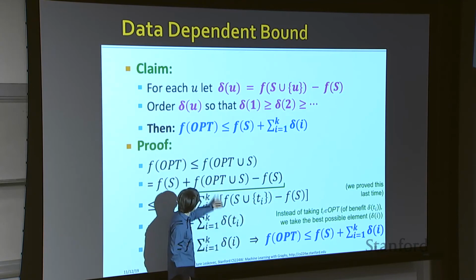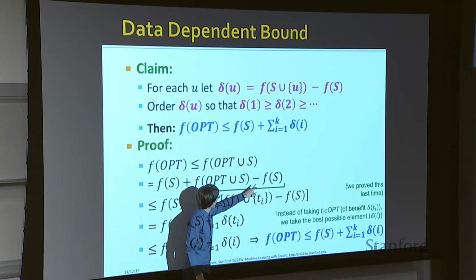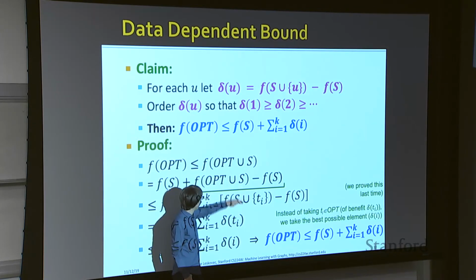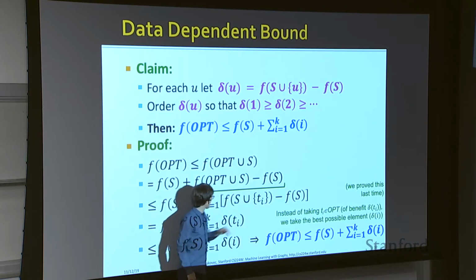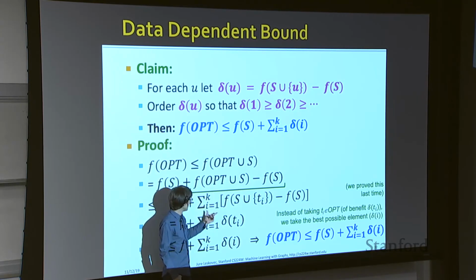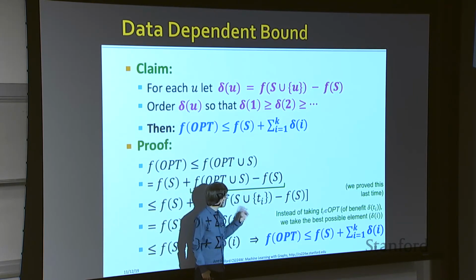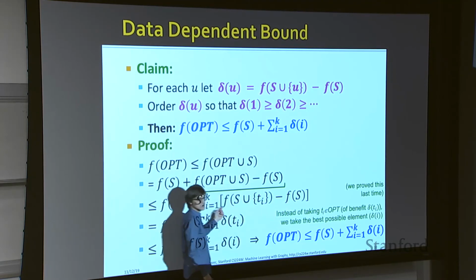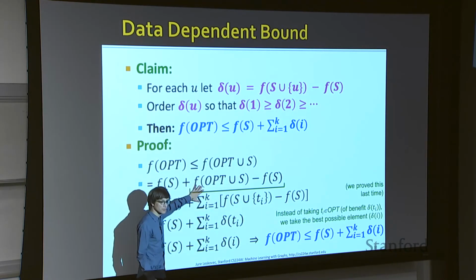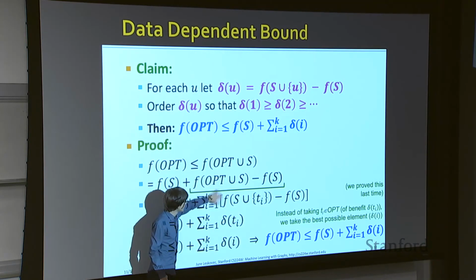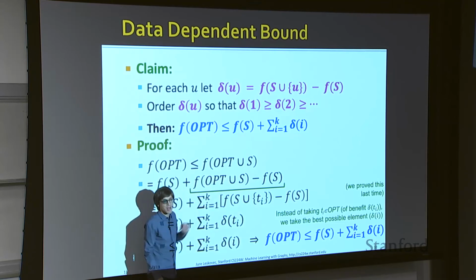So this is now the marginal gain of the optimal solution over S, and this total marginal gain is less than the sum over the elements of the optimal solution of the marginal benefit of each of these elements. This is what we proved last lecture, and here is this f of S, which is here now. So from here to here is due to submodularity.